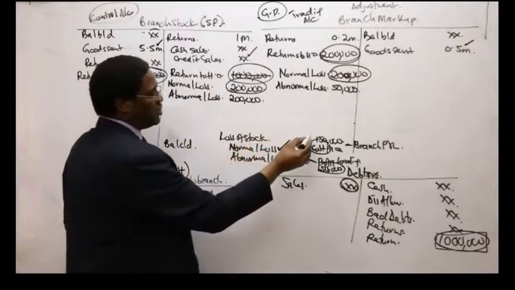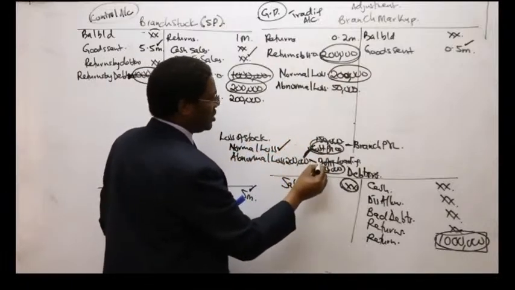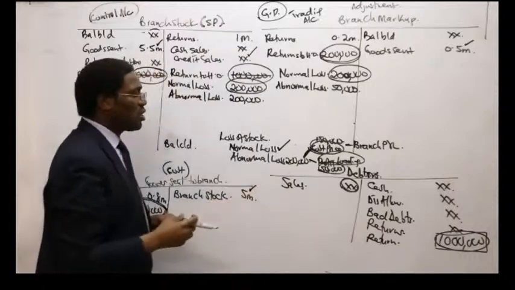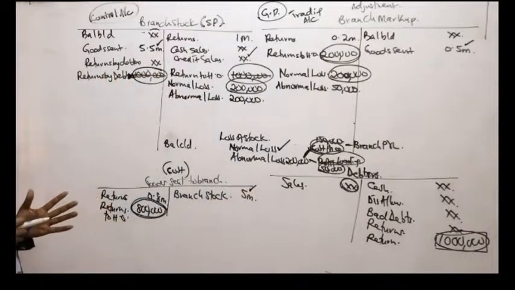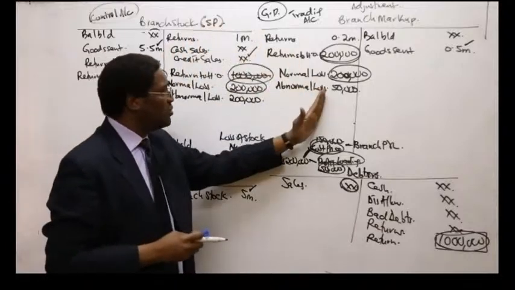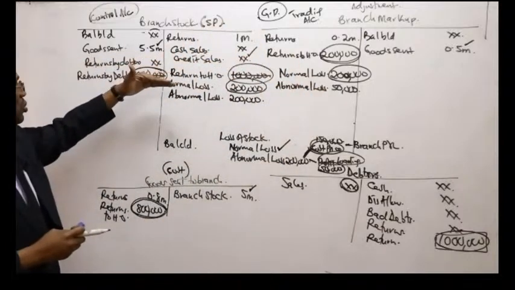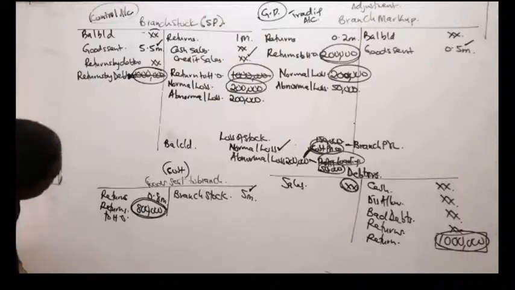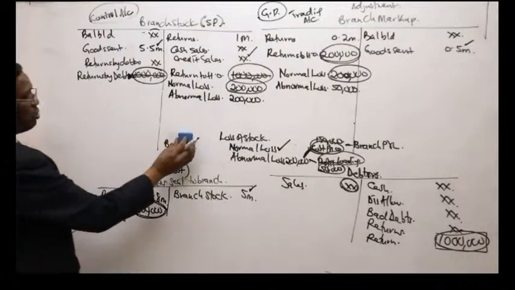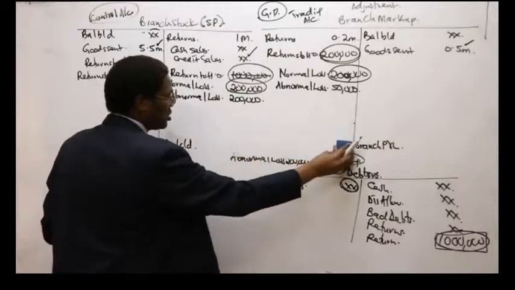How much of it is the cost price? How much of it is the profit loading? With the cost price, you debit the branch P&L, and with the profit loading, you debit the branch markup, and the selling price of the abnormal loss, you credit branch stock account. That's the entry for the loss of stock, whether normal loss or abnormal loss. We go to the next entry.